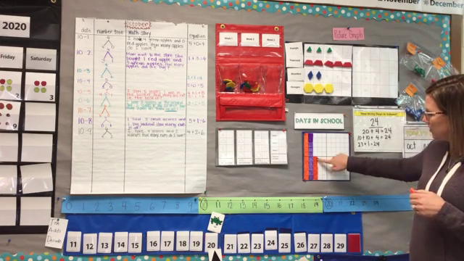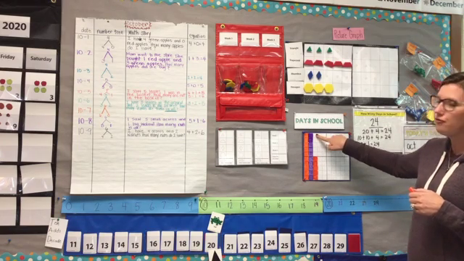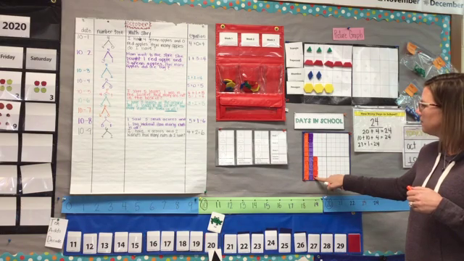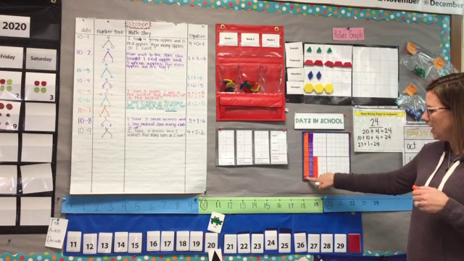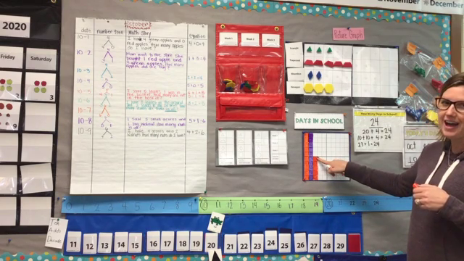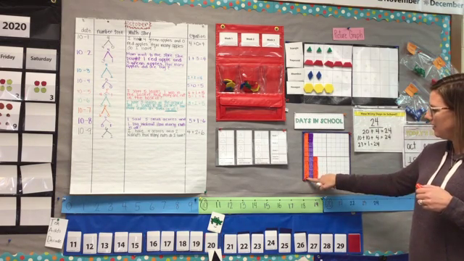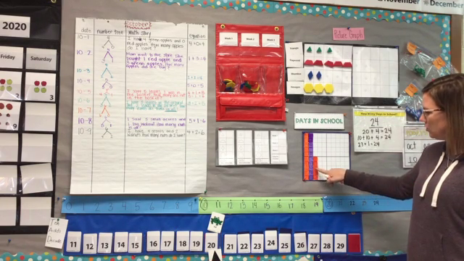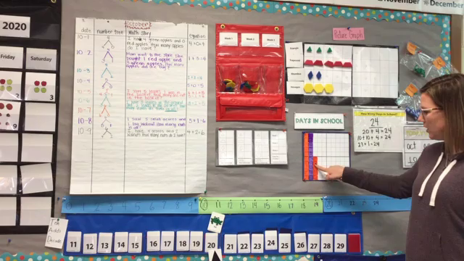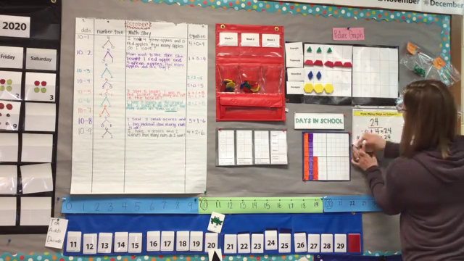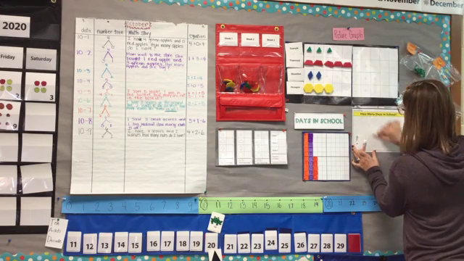So we know that there's 5 on the bottom and then 5 more on top to make one long 10 stick. So we can count 10, 20, 21, 22, 23, 24, 25. We have been in school for 25 days.